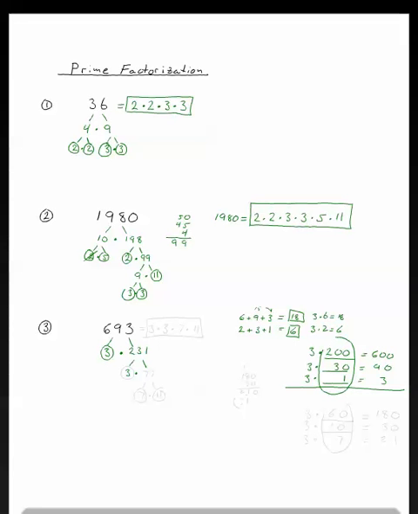So let's think to myself, I want 3 times something that's very close to 231. How about 3 times 60, because 3 times 6 is 18. So 3 times 60 is 180.